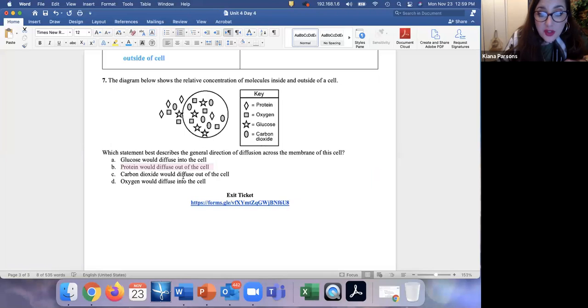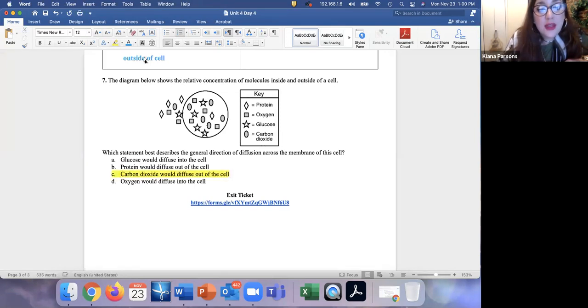Carbon dioxide would diffuse out of the cell. Well, let's see how many carbon dioxide we have inside and outside. It looks like inside the cell we have 1, 2, 3, 4, 5 carbon dioxide, and outside there's only 1 carbon dioxide. So the concentration of carbon dioxide is higher inside the cell than outside the cell. So it looks like carbon dioxide would diffuse out of the cell.